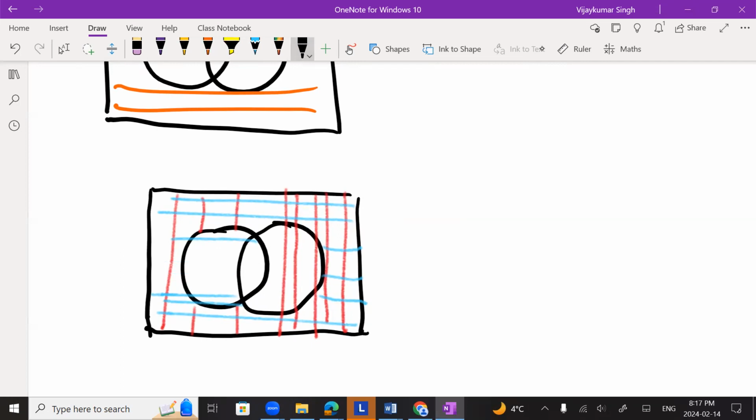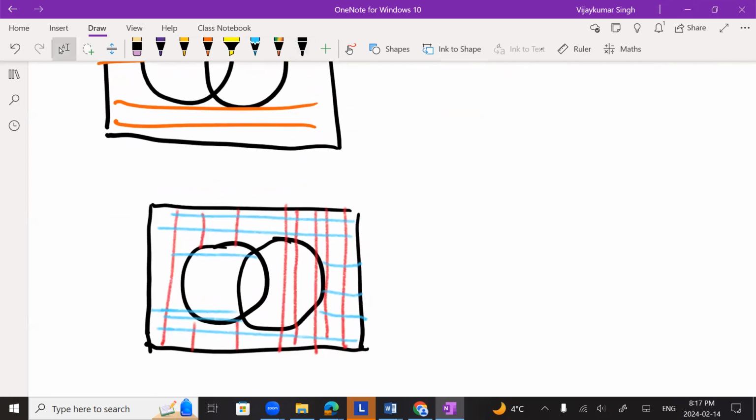Too sensitive. I wanted to draw basically. First I drew A complement, which was the red color. And now I'm drawing the B complement, which is everything outside B. So this should not be there. So B complement is everything outside B.